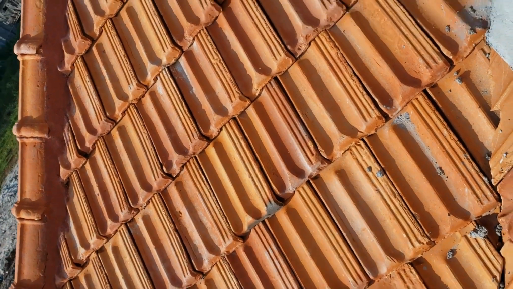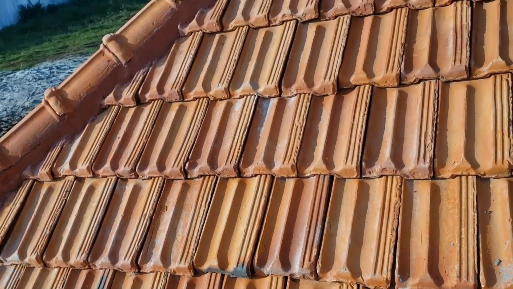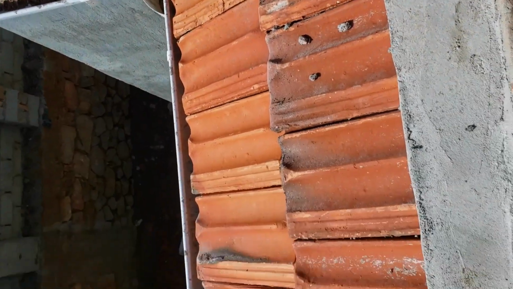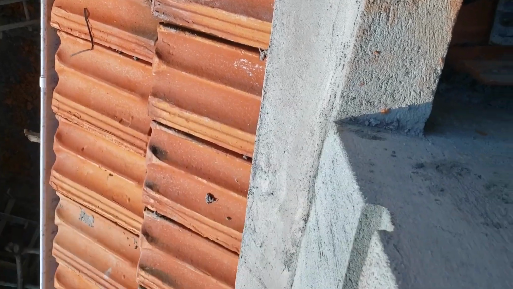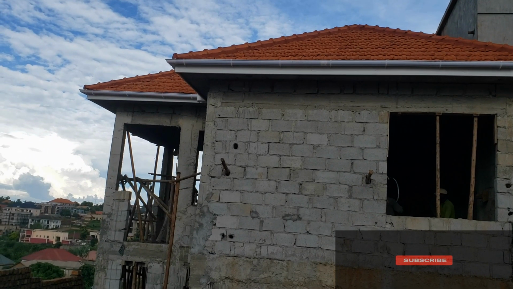We bought 4x2 timber. This one was for the ceiling. We bought 221 pieces. We bought expanded lathing metal, 17 bundles. Cement, we bought 55 bags. This one was for mixing mortar that we used for the ceiling. Also bought lake sand and plaster sand, 3 forward trips of lake sand and 1 forward trip of plaster sand.